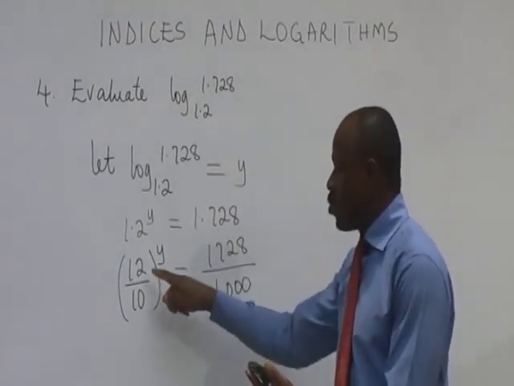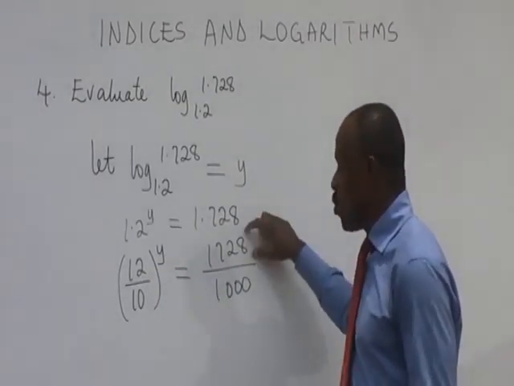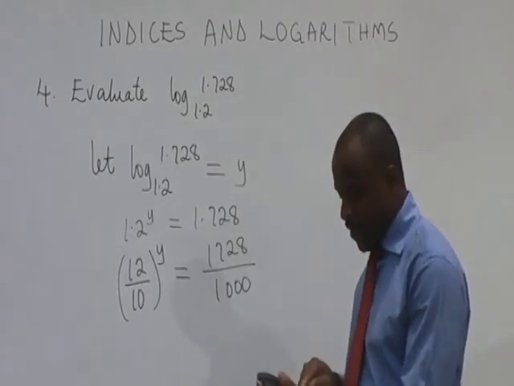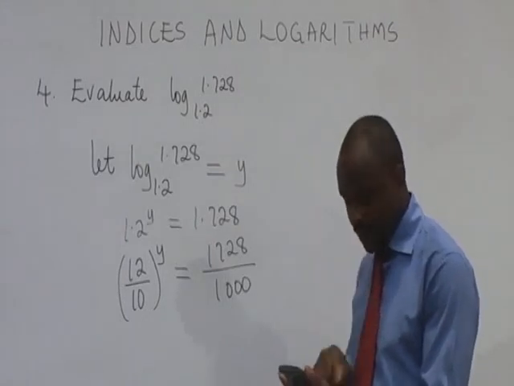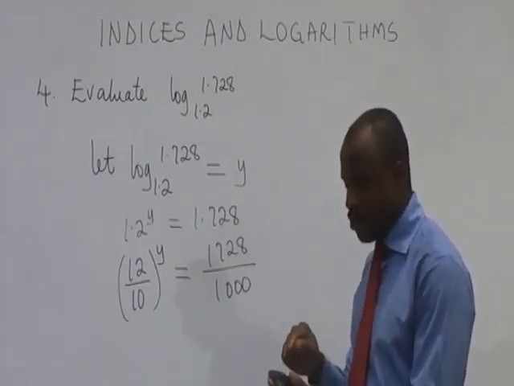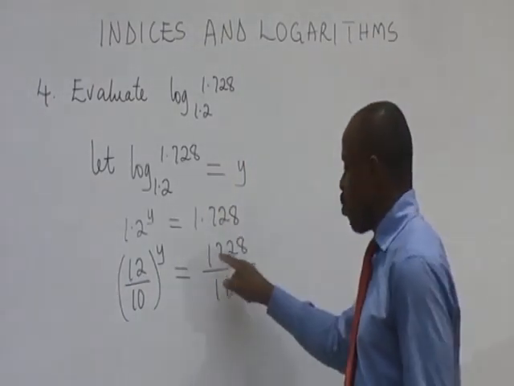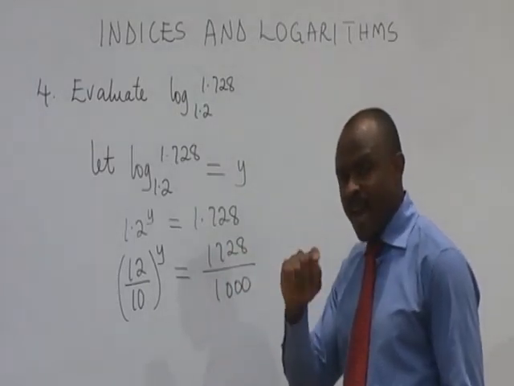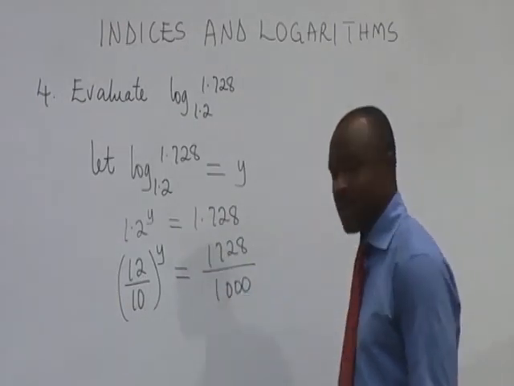Begin to multiply 12 by itself until it clicks to 1728. 12 times 12 is equal to 144, times 12 is equal to 1728. That means 12 exponent 3 is 1728. It is very likely that 10 exponent 3 will also be 1000.